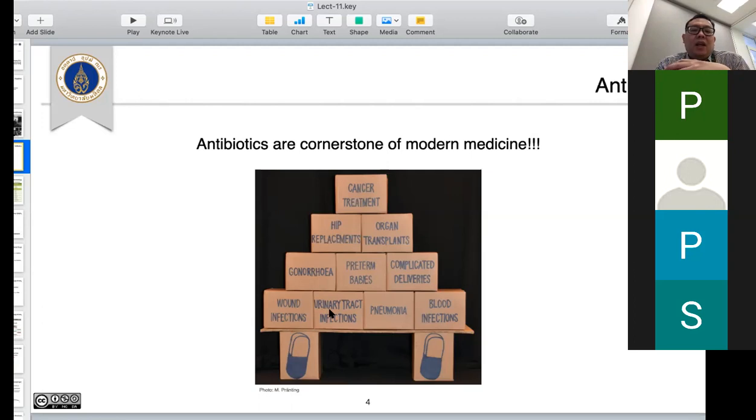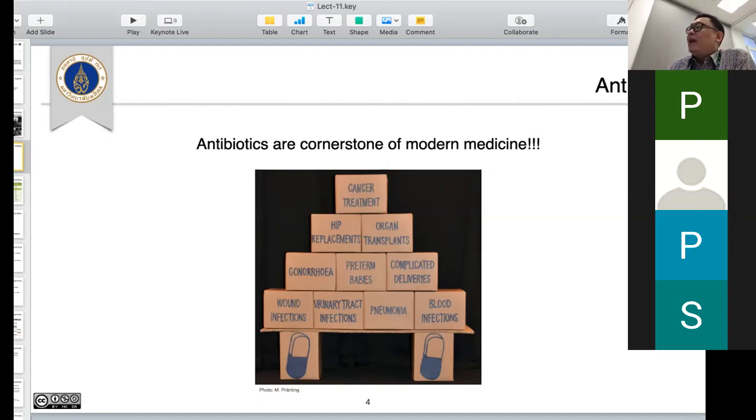Complications in delivery: when a mother delivers a child in a very complex situation, sometimes the mother gets infected, so the doctor needs to supplement with antibiotics to stop the disease of the mother, to save the baby. Also injury, operation, transplantation, or even treatment of cancer.